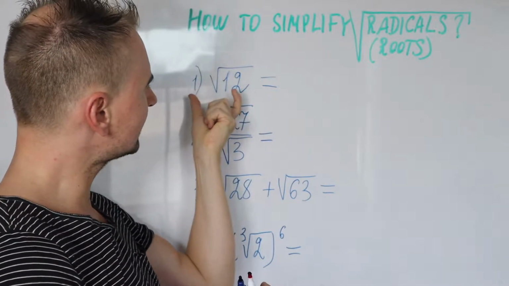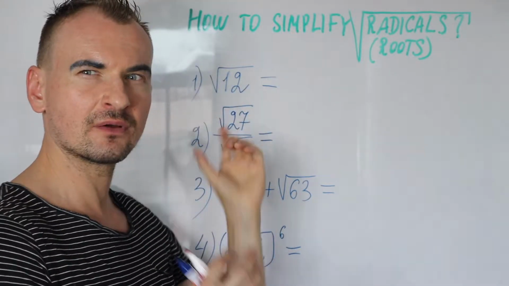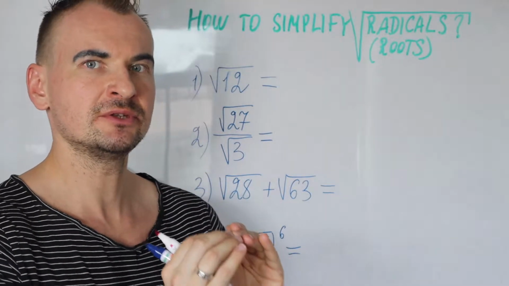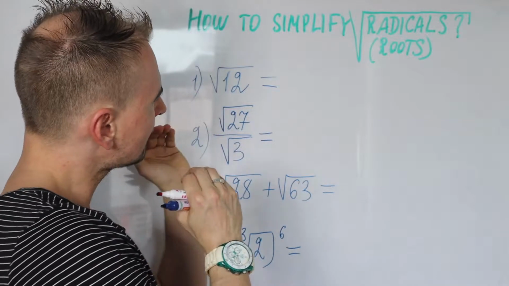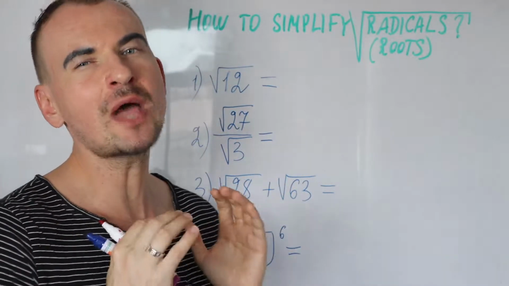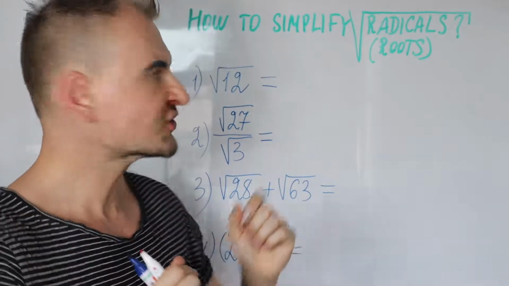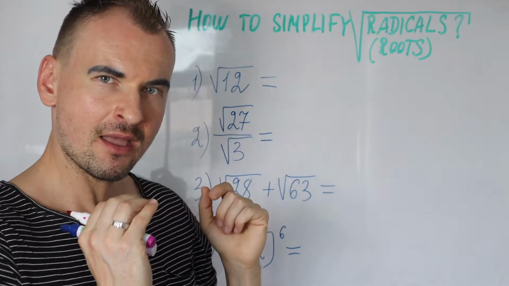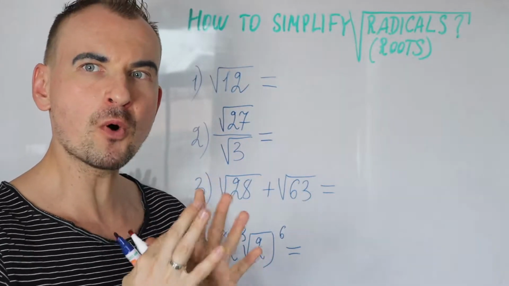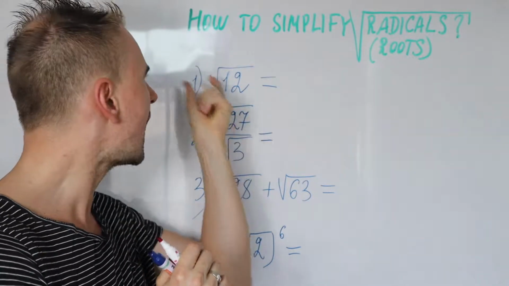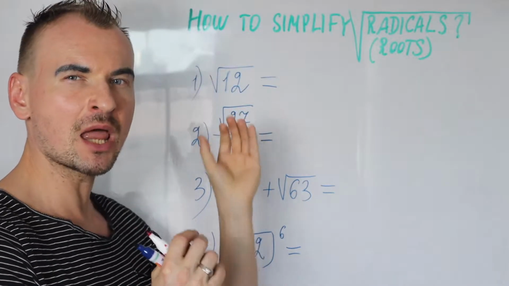If you are given the root of 12, you need to simplify it down, make it simpler. What do I mean by this? You need to get the smallest number possible under the root symbol, under the radical symbol.